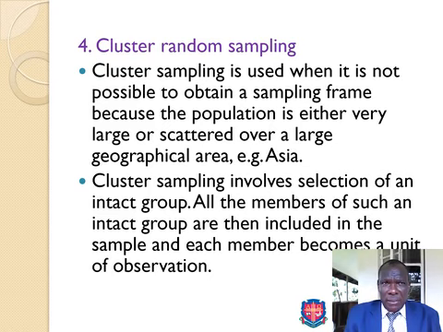We have just talked about stratified random sampling, whereby you can create a sampling frame, which is a list of members of a particular class. But now, when you are dealing with cluster random sampling, the population may be too big that you cannot have a sampling frame or a sampling list.